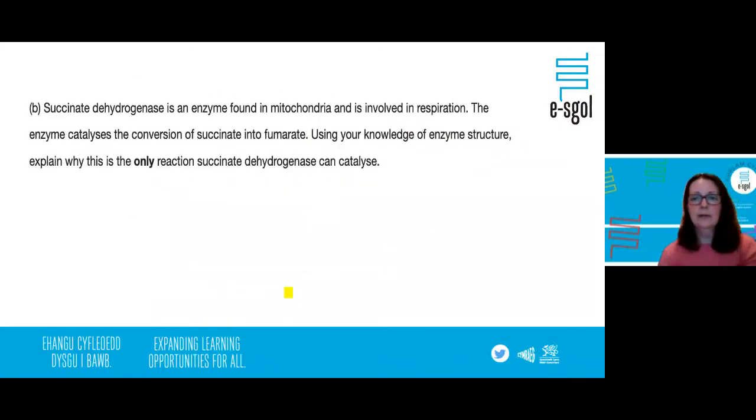Okay, let's look at this second question. There's quite a bit of writing here, so we'll go through this and highlight some of the important parts. Okay, so succinate dehydrogenase, let me just highlight that, is an enzyme found in mitochondria and is involved in respiration.